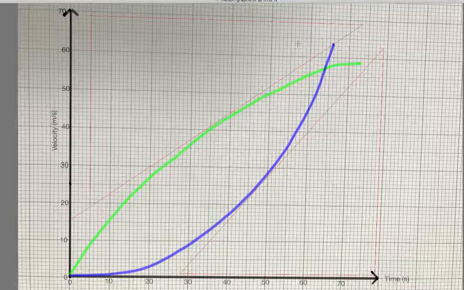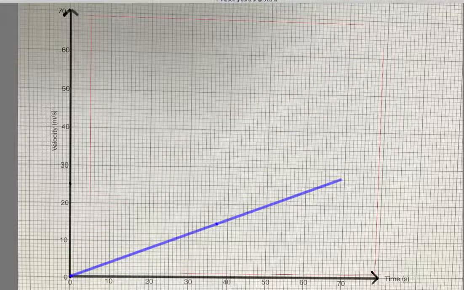So I said we could work out the velocity from a displacement time graph, the acceleration from a velocity time graph. I also said that we could work out the distance traveled from a velocity time graph. So if we look then at a straight line velocity time graph, let's take that one, and let's take our curves away and our tangents away and our gradients of the tangents away.